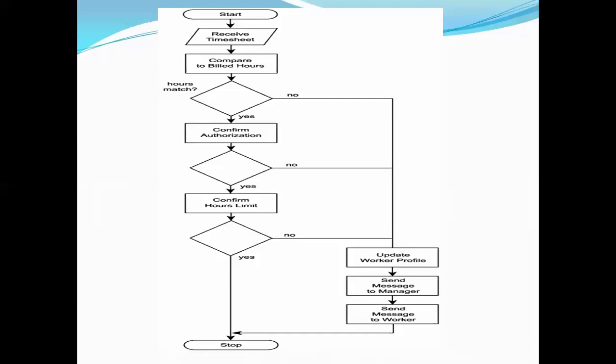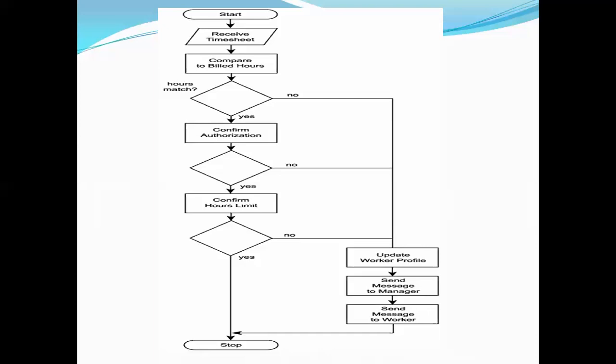If the authorization is given by the customer and the status is yes, then only you accept the second condition. If the confirm authorization is yes, then the next step is confirming the maximum hour limit.